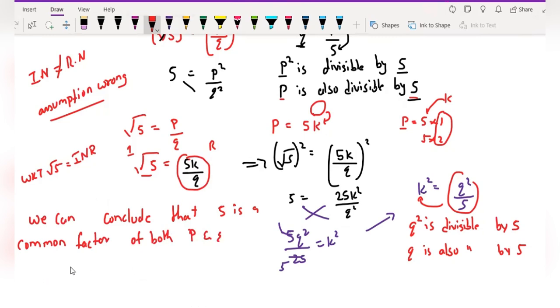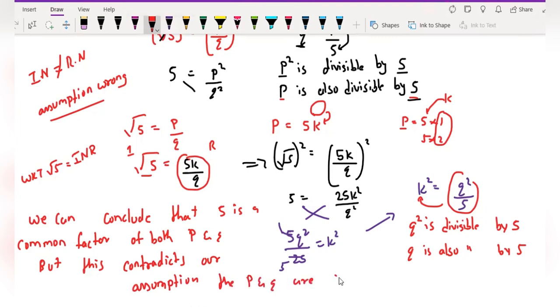but this contradicts our assumption that p and q are co-prime.